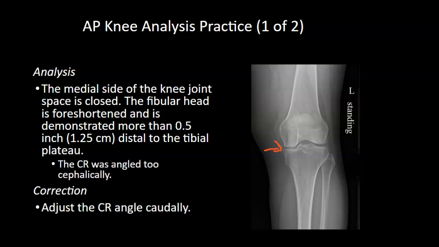As you can see, the fibular head is foreshortened and is demonstrated more than a 1/2 inch distal to that tibial plateau. So when the head is foreshortened, we need an angle towards the head. So we're going to adjust the angulation caudally, because the central ray angulation for this particular projection was angled too cephalically.